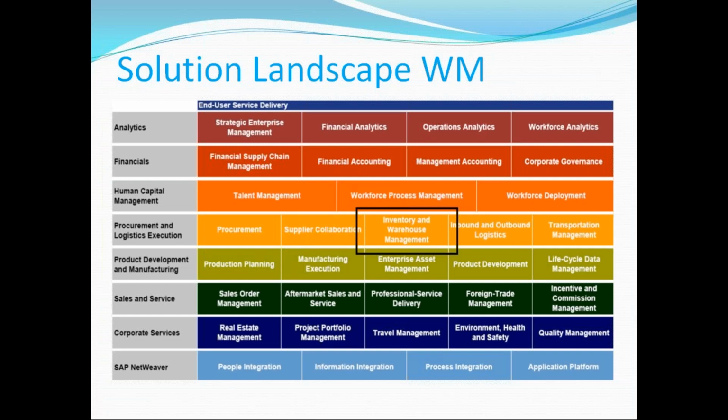Then SAP deals with inbound and outbound logistics. That means the transportation aspect of the warehouse management, and SAP takes care of that inbound and outbound logistics and the transportation management. This is how the landscape of SAP looks like.